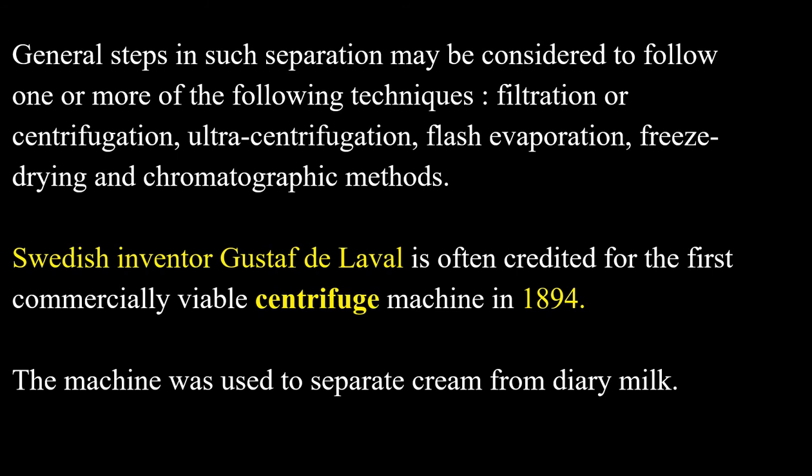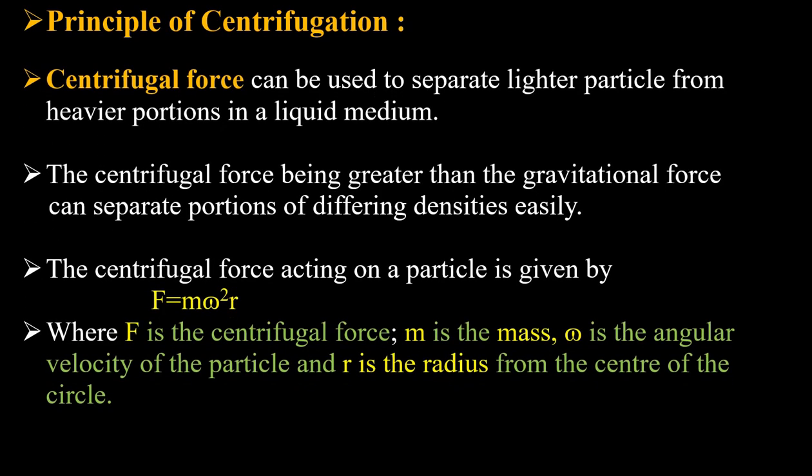Swedish inventor Gustav de Laval is often credited for the first commercially viable centrifuge machine in 1894. The machine was used to separate cream from dairy milk. Therefore, we'll consider the principle of centrifugation, where centrifugal force is used.